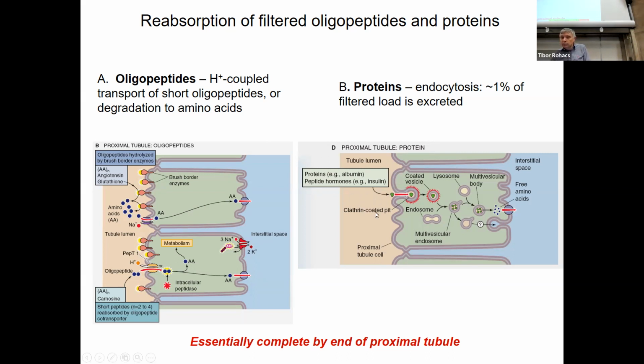And normally all of the protein from the primary filtrate is also reabsorbed by endocytosis. Proteins are too large to move through transporters, so it's easier to reabsorb them by basically just phagocytosing from the tubule.